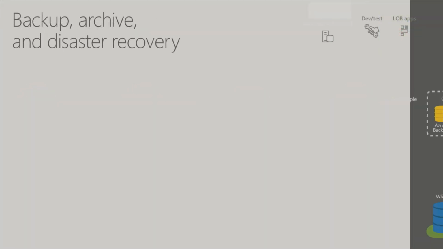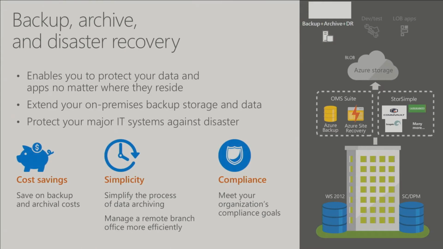So with that, I'll talk about backup, archive, and disaster recovery as one of the core workloads or scenarios, right? Backup, archival, DR is top of mind for many businesses today, like many IT professionals think about that today. But the fact is that not all of the applications or data that you have on-prem are getting backed up, right?